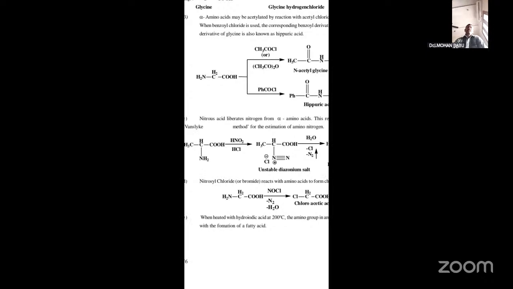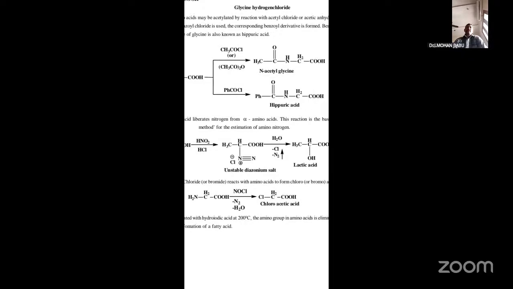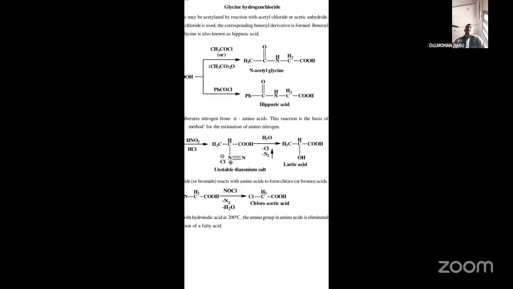Next, the reaction with nitrous acid. When the amino acid reacts with nitrous acid in HCl, it gives a diazonium salt. The diazonium salt upon hydrolysis converts into lactic acid with liberation of nitrogen gas.